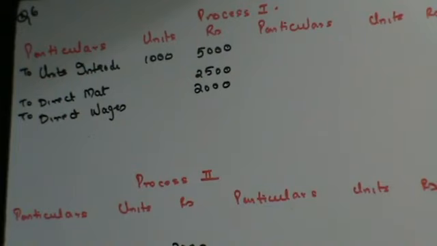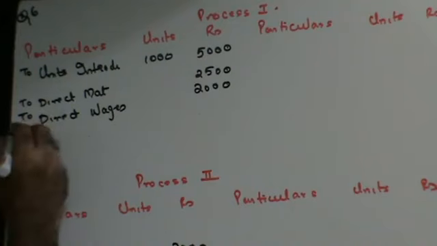There is no stock of material or work in progress at the beginning or end of the year. The output of each process passes directly to the next process and finally to the finished stock. Production overheads are recovered at 100% of direct wages. That means whatever is my direct wages, my production overheads will also be the same.